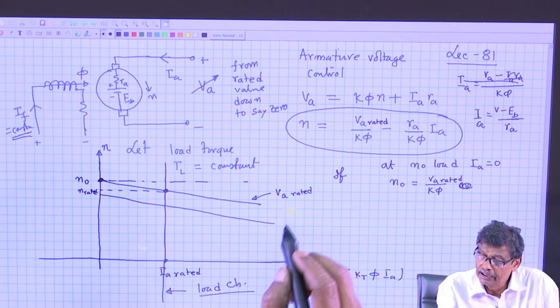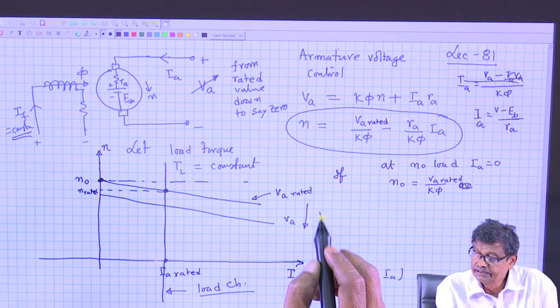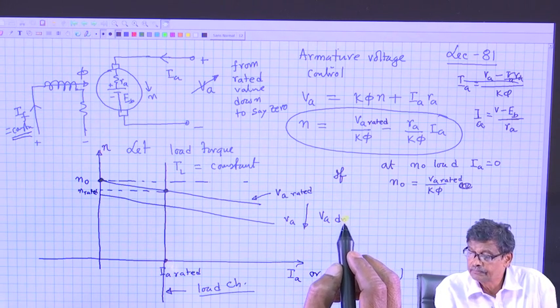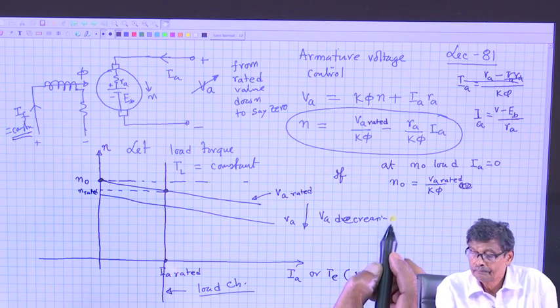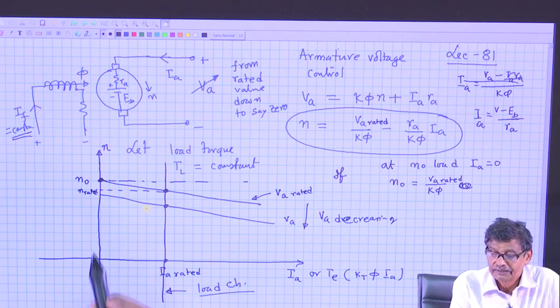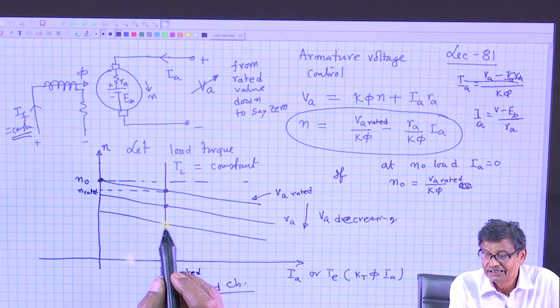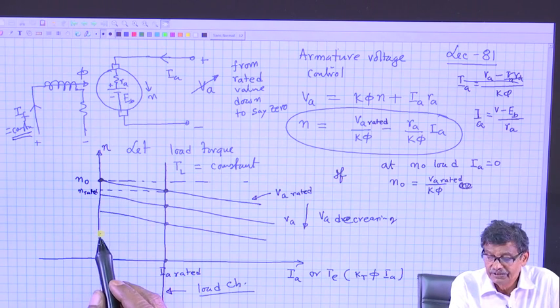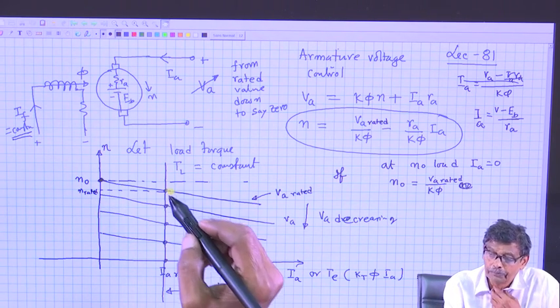So, V A decreasing this way, and the operating point will be at reduced speed here. Further reduce the voltage, it will be like this. Further reduce the voltage, it will be like this. Got the point?